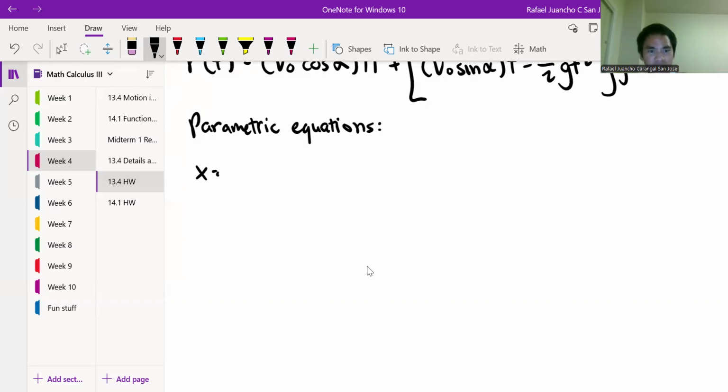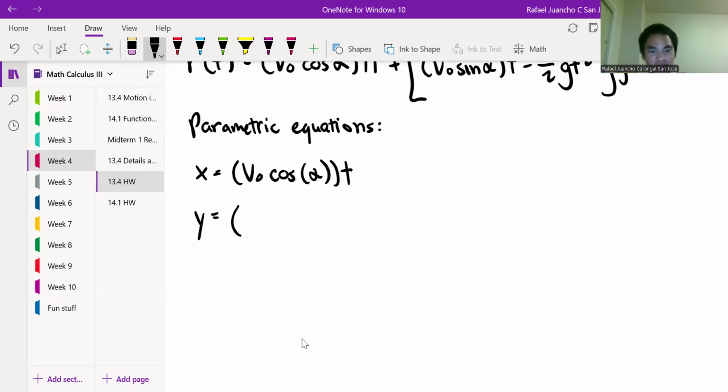So x is what? X is v naught cosine alpha, and then I multiply it with a t to parameterize it.